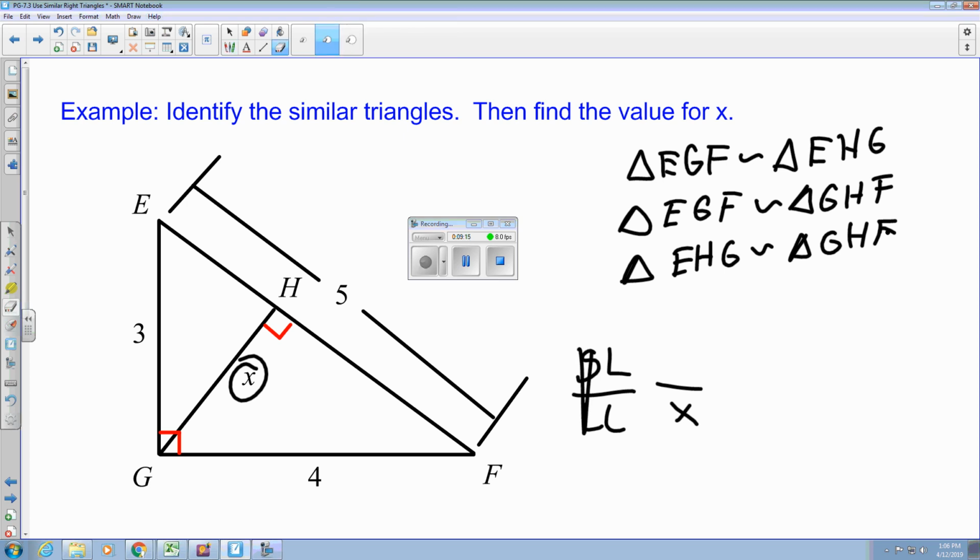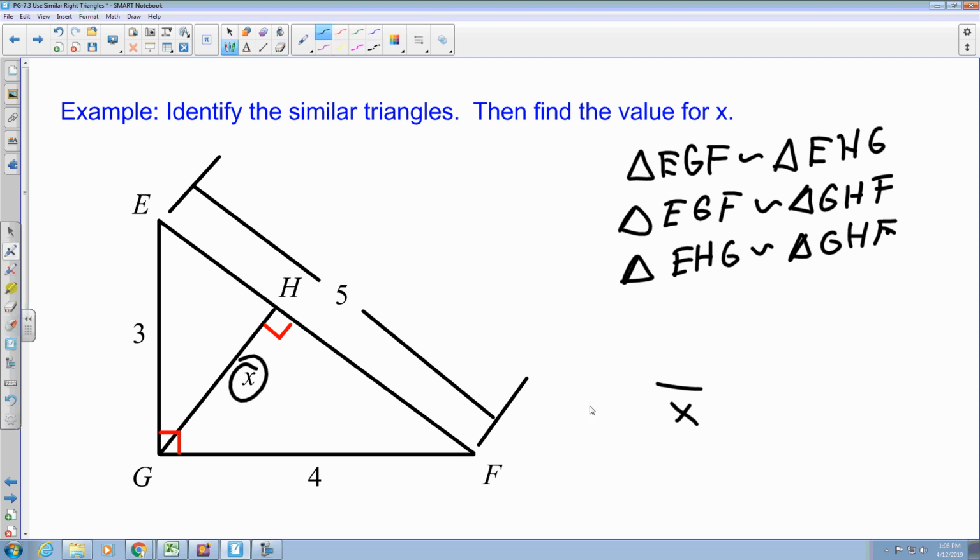So what we do know is x here is the long leg, and we also know that in this case, 3 is considered the hypotenuse. And so we'll call that 3. This is going to be proportional to, we can look at the big triangle, which will make this nice.